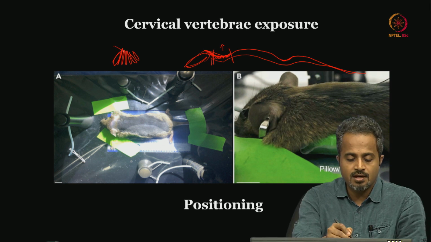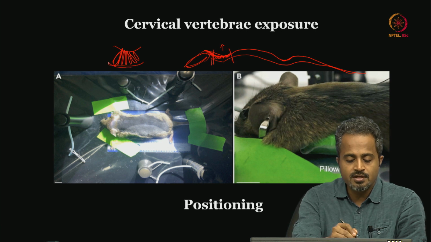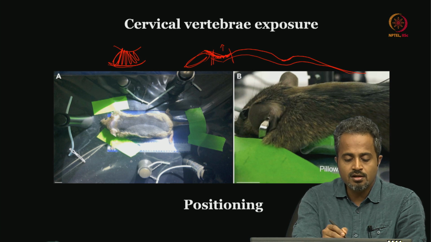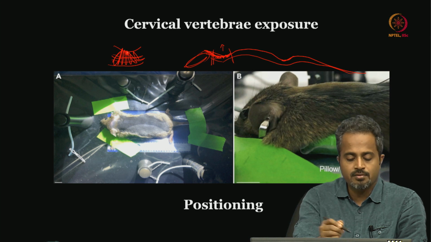That is because of the natural curve of the cervical spine. So, you want this to be outwardly arranged so that the spinal canal, which is in the center, is easier to expose after removing the lamina of the exposed vertebra.